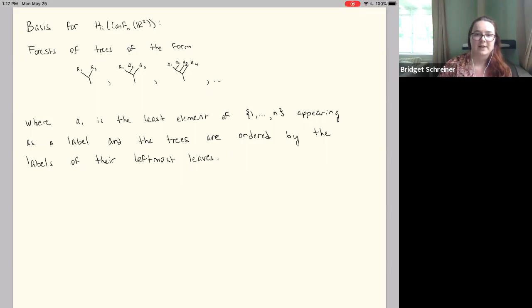So basically at each internal vertex, there is a branch off to the right and then nothing after that. And the labels can be in any order after the first label on the left, but the first label on the left needs to be the least element of 1 through n appearing as a label. And then if you have multiple trees in a forest, the trees need to be ordered by those leftmost elements.